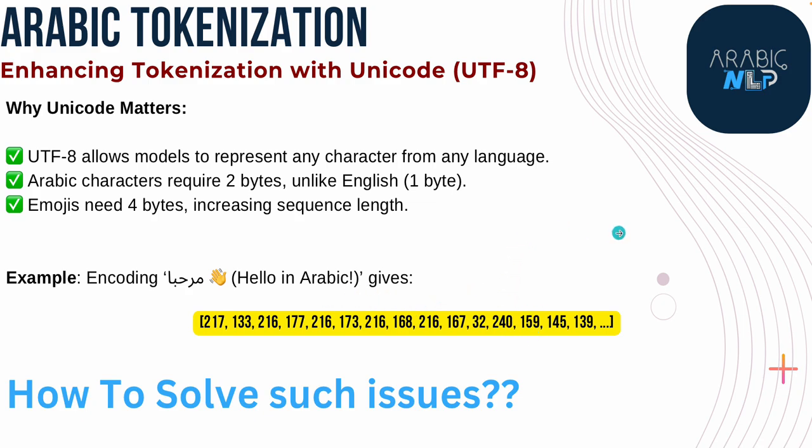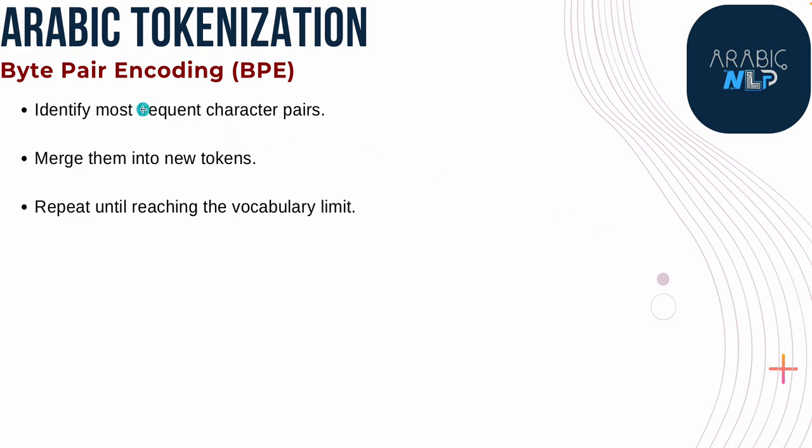That's why we have another technique called byte pair encoding, BPE, which is a game changer. Most of the LLMs that we see use this algorithm when they build the tokenizer.